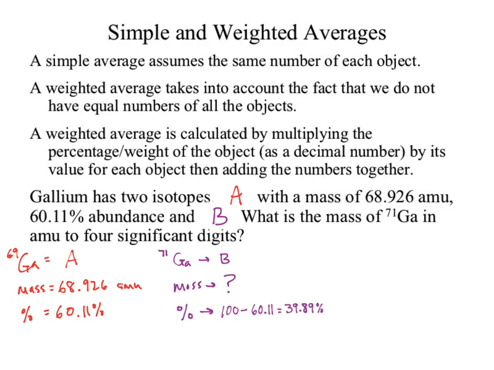The average? Okay. Looking at our average. Our average mass, we'll just call it average mass, is equal to what? The observed mass times the percent. Our observed mass of what? The 68.926, of A, 68.926, times what? 60.11.